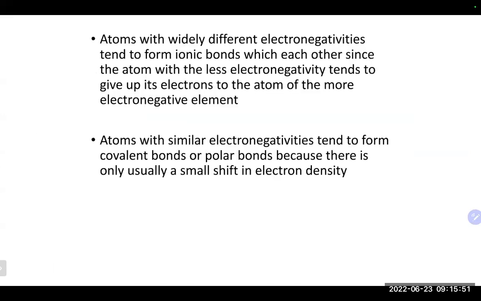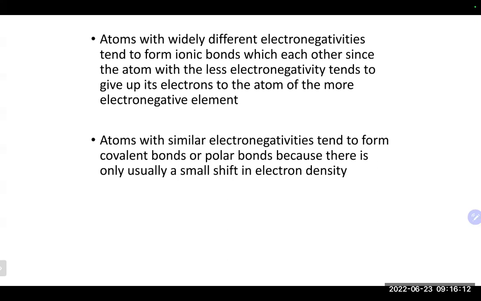As we saw, atoms with widely different electronegativities, which is typically what you get when you take a metal and a nonmetal together, will most likely result in an ionic bond, a losing and gaining of electrons. Atoms with similar electronegativities will form some type of covalent bond, either sharing electrons equally or unequally.